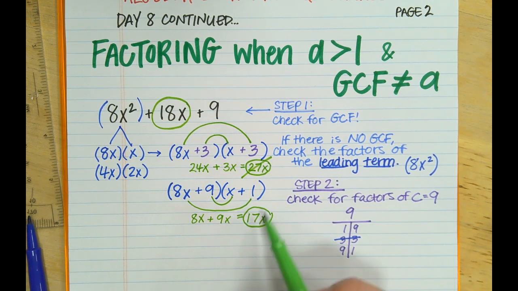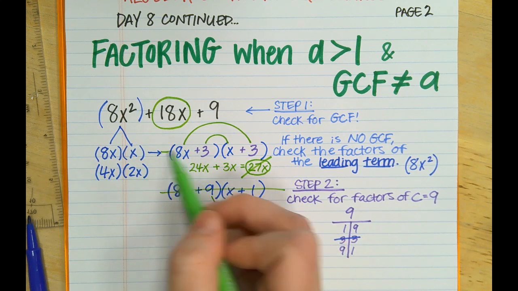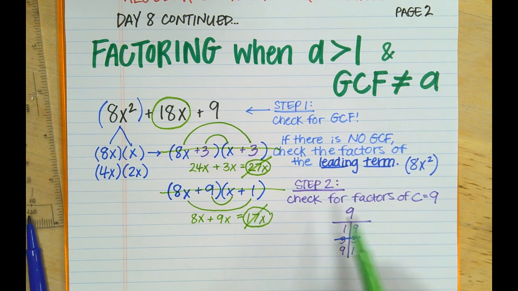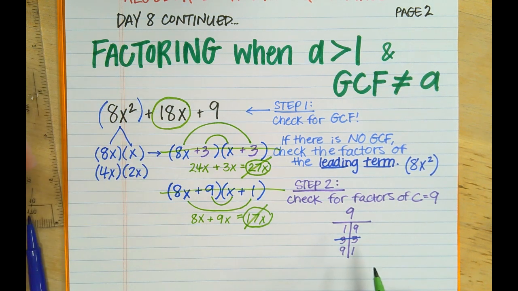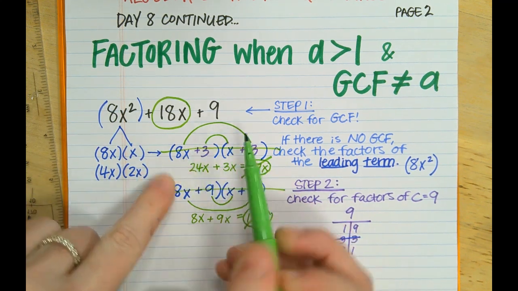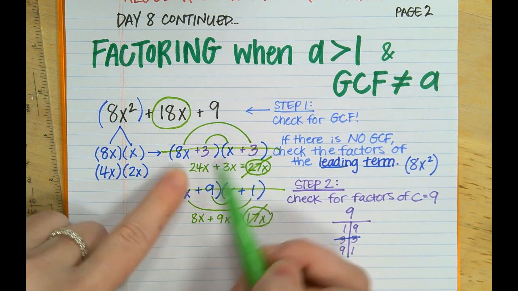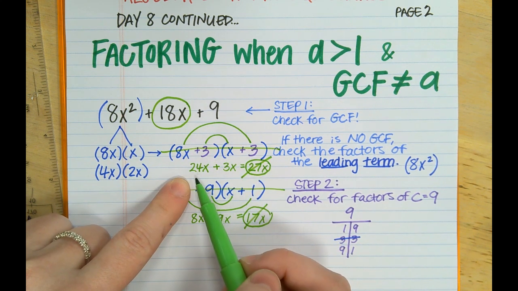So here, let's first of all talk about this. If it's not the same, we know it's not an answer, so we're going to cross both of these off. They don't work. We could try 1 and 9 if we wanted to, but let's think about what would happen. In my first example, when I did 8x times 3, I got a number that was too big, 24x.